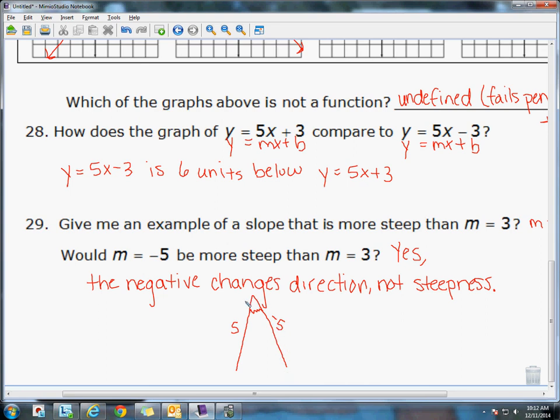But if you notice, it's the same steepness. All that happens is the negative changed the direction. So I was going on one side of the mountain, now I'm going on the other side. But it's still the same steepness. So even though it says a negative 5, that doesn't mean that it's not as steep as m equals 3. It's actually steeper. So that's why I had here, the negative changes the direction, not the steepness.